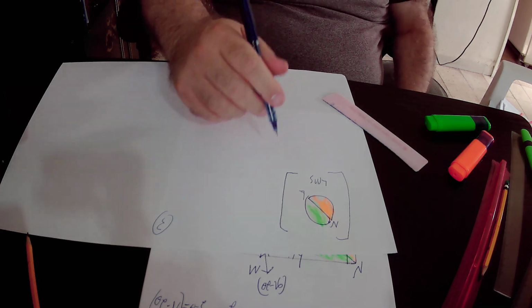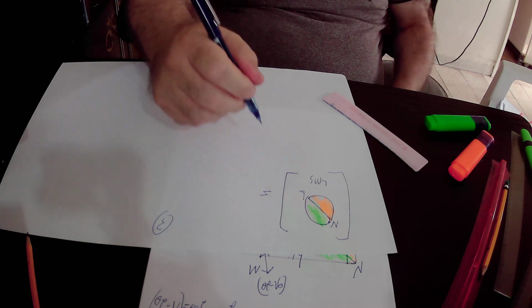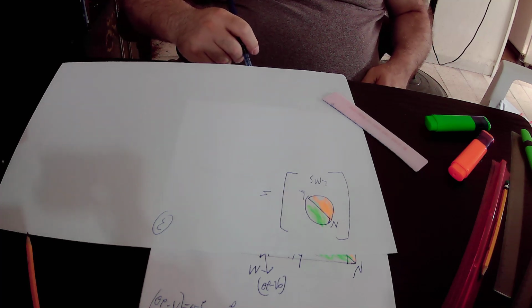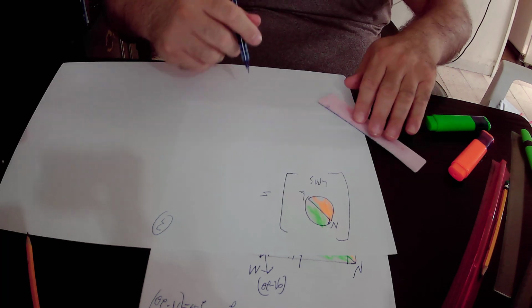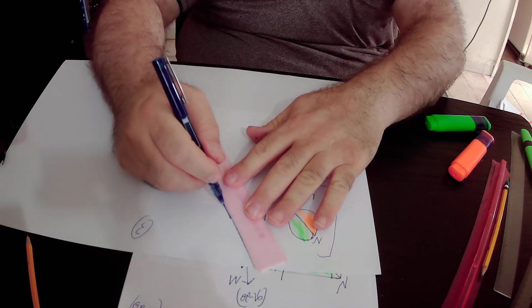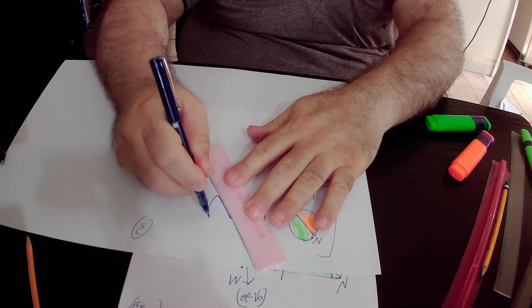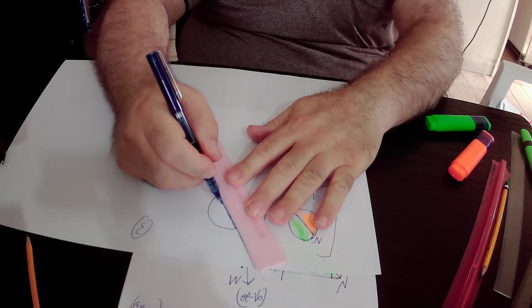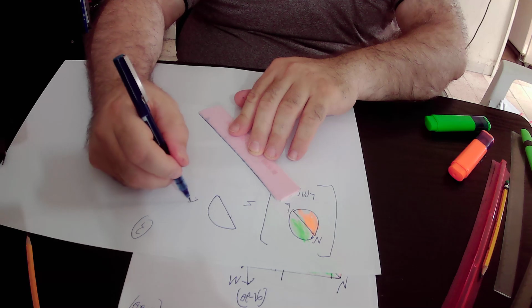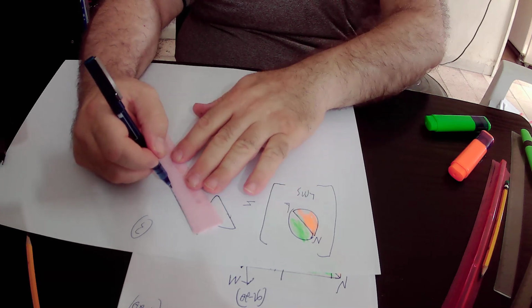The area of this lens equals the area of the upper circular segment plus the area of the lower circular segment.